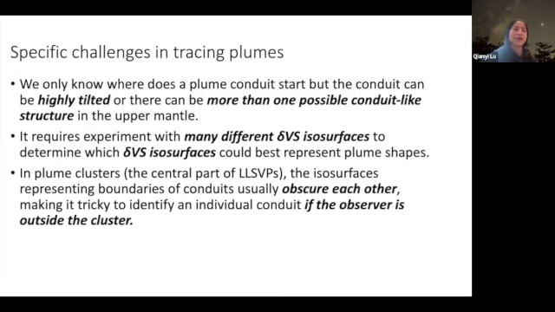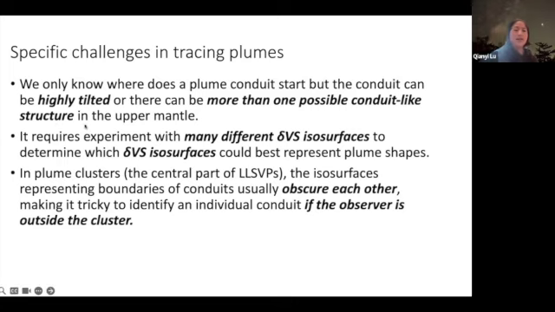It's very different from trying to find a slab from a tomographic model around a trench. You're not going to find two slab-like structures in the tomographic model that are close to one trench.